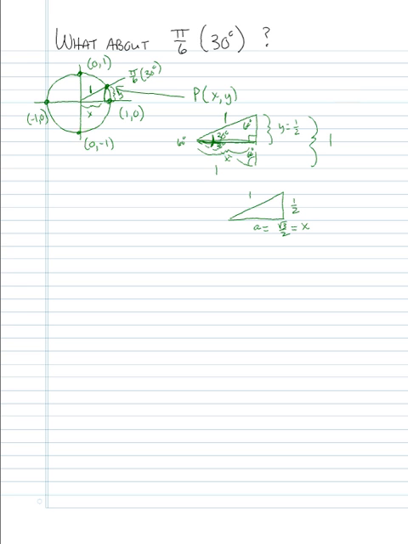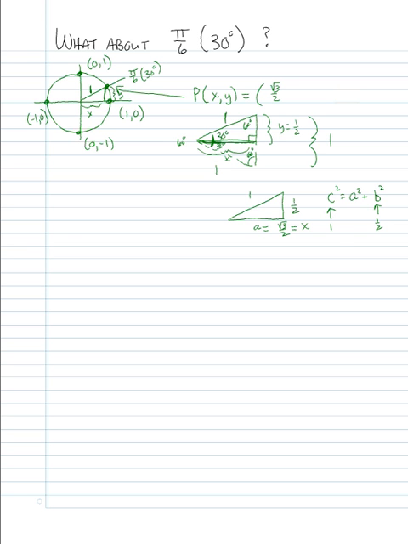So I've really kind of summarized this more than anything else, but what we're finding out is it's the same process we did with pi over 3 or 60 degrees. It's just in a different orientation. But this time it's the first coordinate, the x value, that ends up being the square root of 3 over 2. So when we're trying to find a, we would have the hypotenuse squared is equal to a squared plus b squared, but the b is 1/2 and the c is 1.